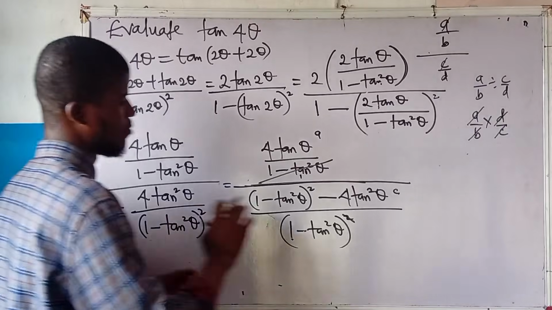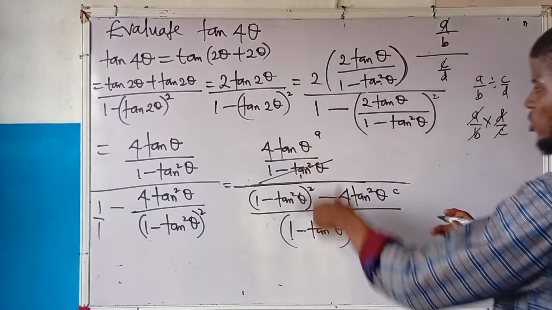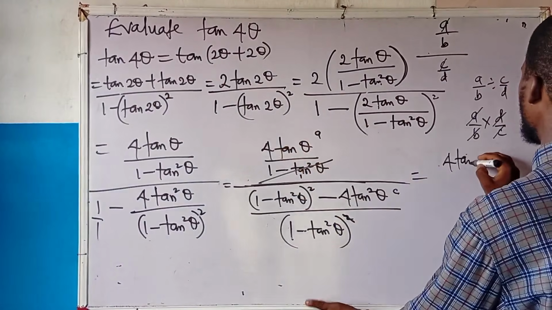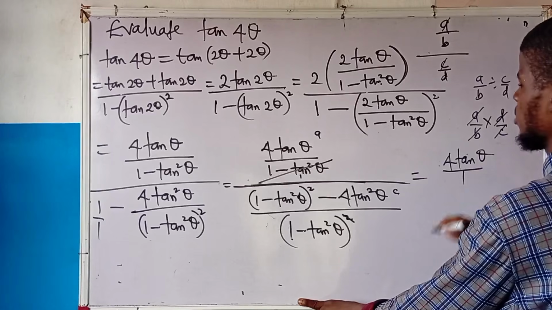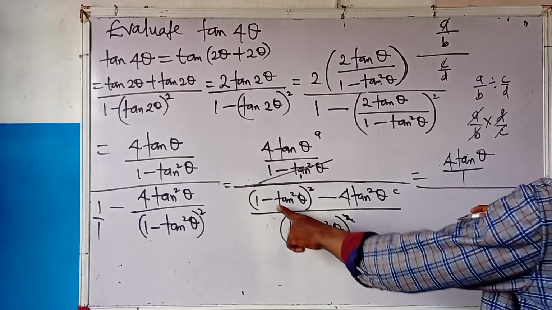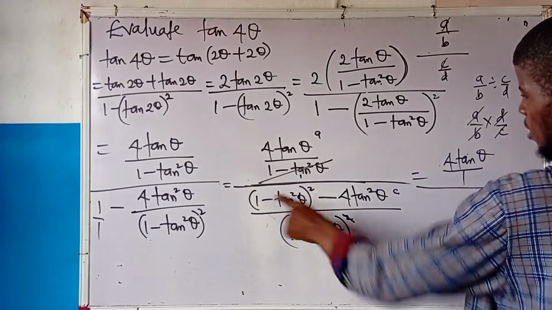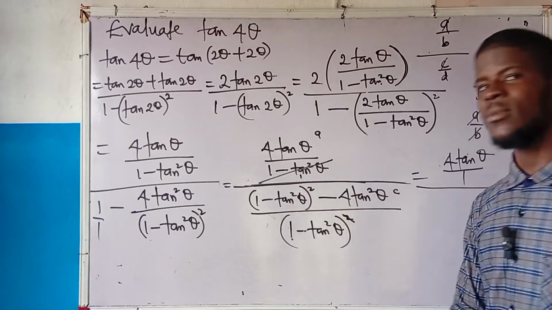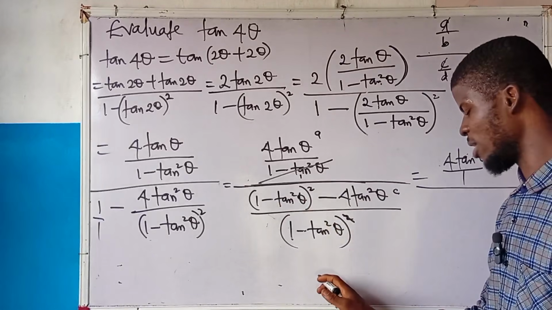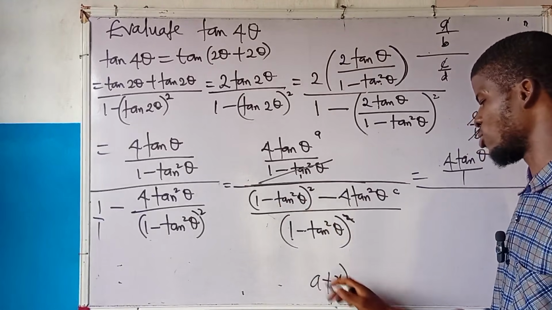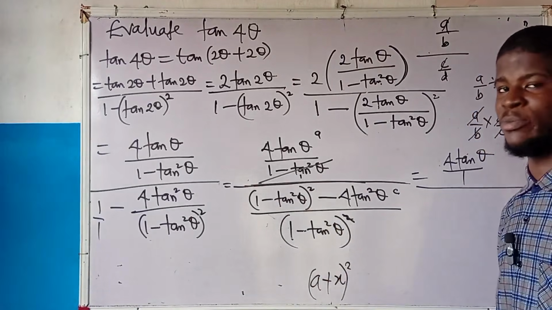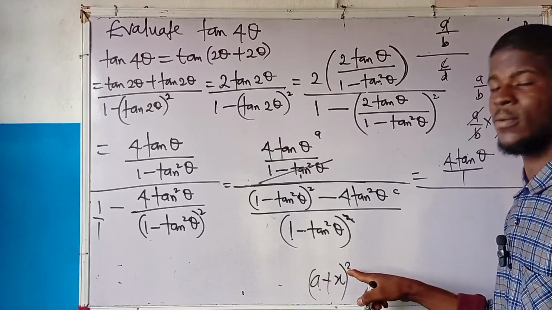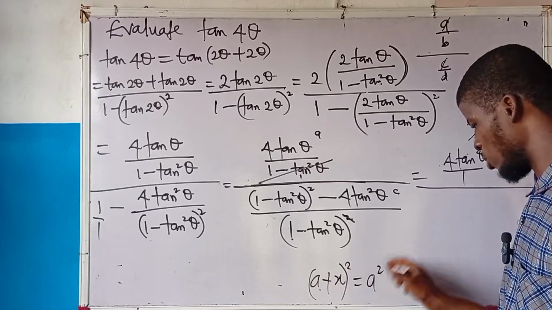So what I'm left with in this whole fraction is 4 tan theta over 1, all over, let me expand this one now. Look at the shortcut to expanding something like A plus X squared. When expanded, I will say A squared is A squared.